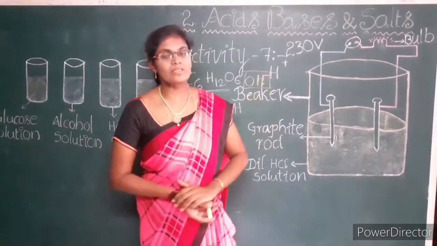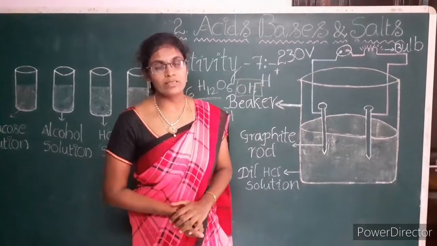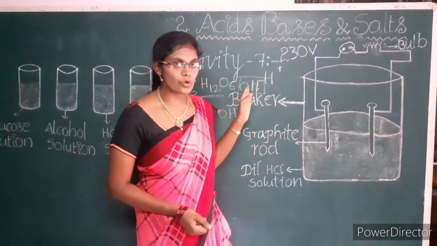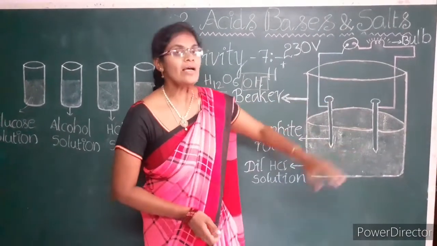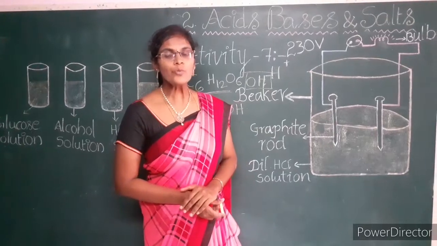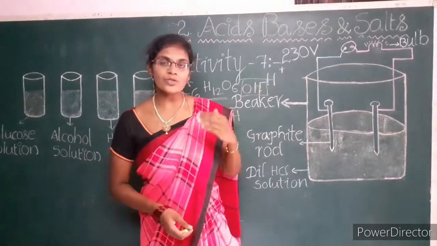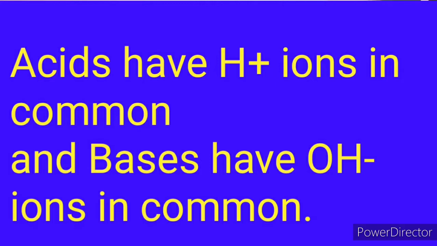OH minus ions mean hydroxide ions. These hydroxide ions are responsible for the conduction of electricity. So by this, what did we understand? Acids commonly have H plus ions and bases have OH minus ions.